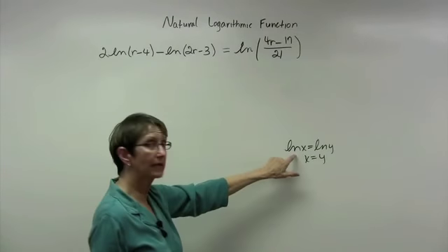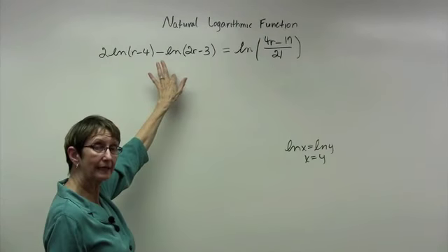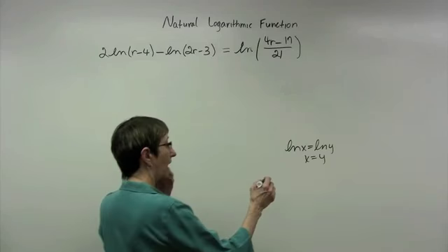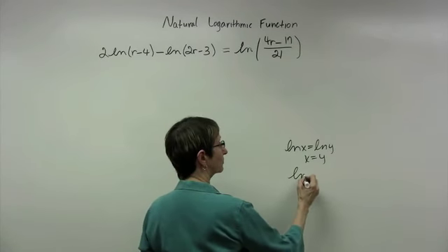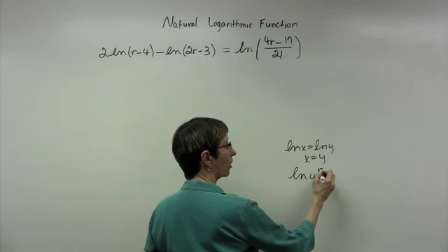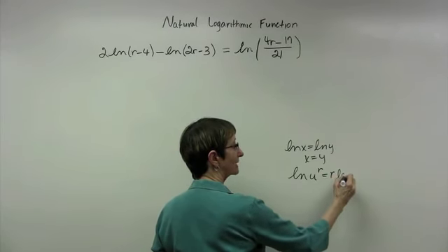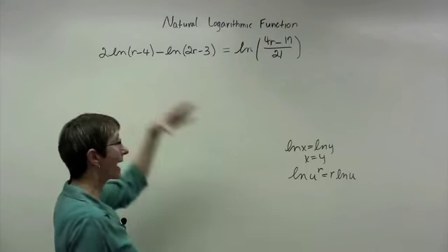But notice it's just ln. I have a 2 times ln right here, so that's going to require a rule for logarithms. The rule is one you've probably seen. If I have natural log of u to the r, what I can do is bring the r around front, and it's r ln of u. What we have to do now is go backwards.